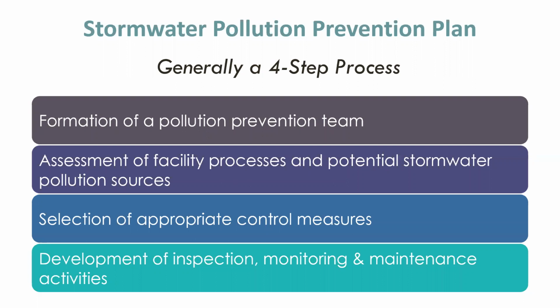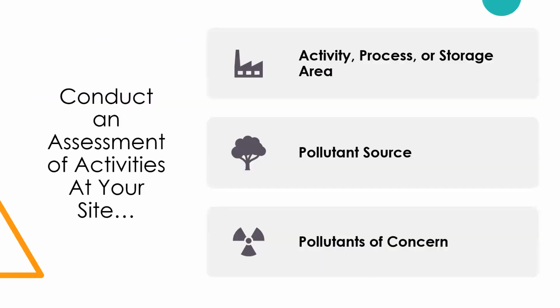Then you'll get into assessing facility processes and any stormwater pollution sources once you've got that team developed. And we'll get into that a little bit on the next slide. You also want to select control measures that will happen in case of these potential stormwater pollution sources getting off site or causing a spill. You want to finally develop inspection, monitoring, and maintenance activities related to all of these control measures and what potential pollution you could have.